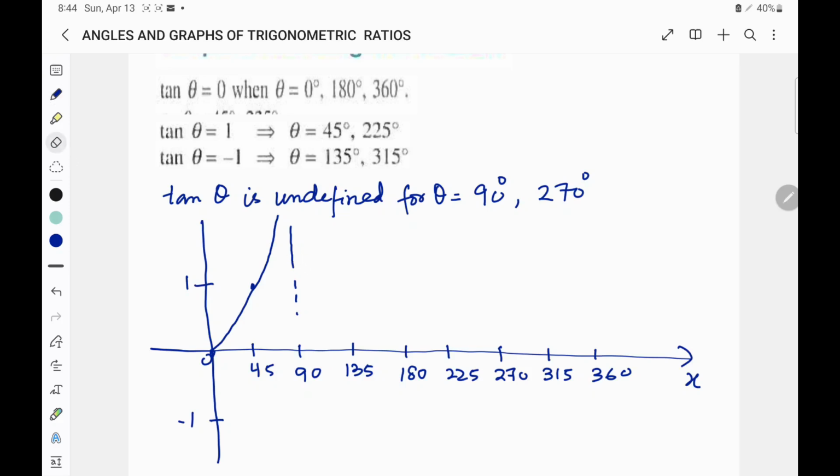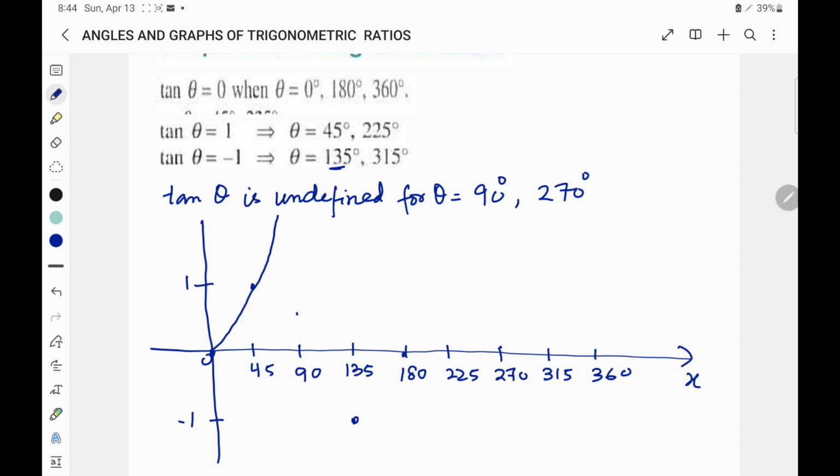Now for 135 degrees it is -1, and at 180 degrees it's 0.